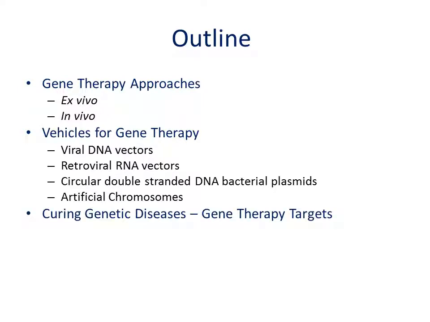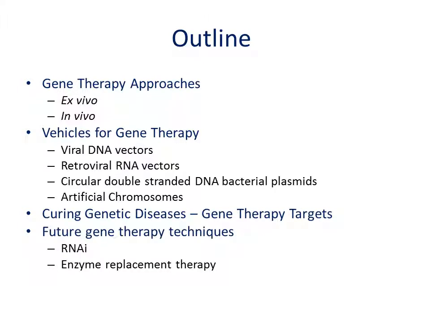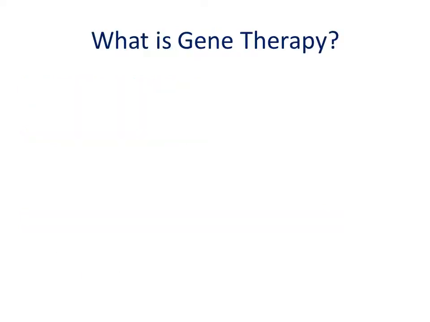We'll also discuss how we actually cure different disease states. And lastly, I'll highlight where I think the field of gene therapy is actually headed, using things like RNAi or RNA interference, as well as enzyme replacement therapy.